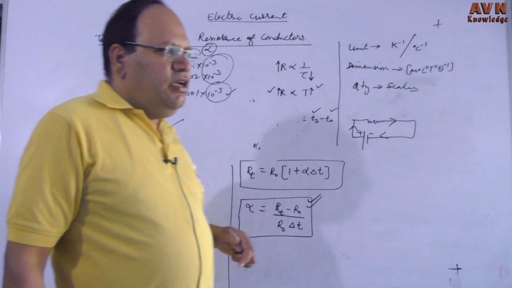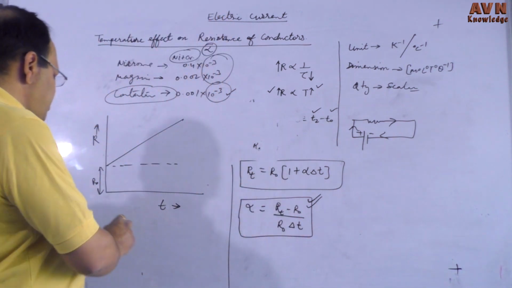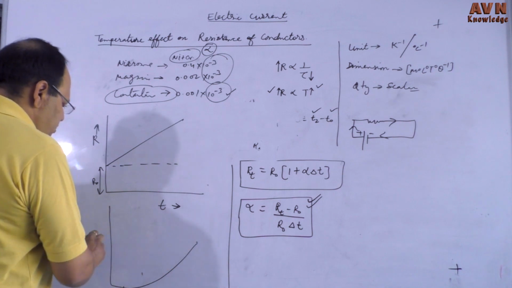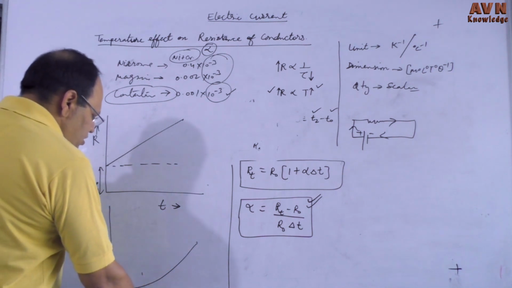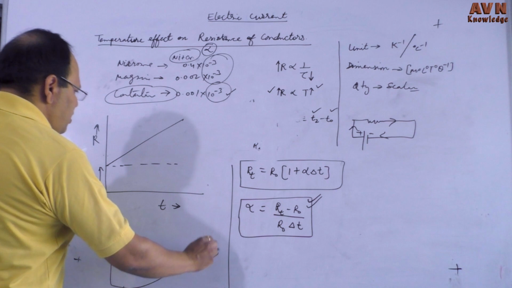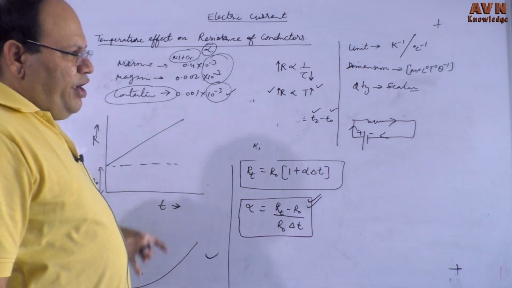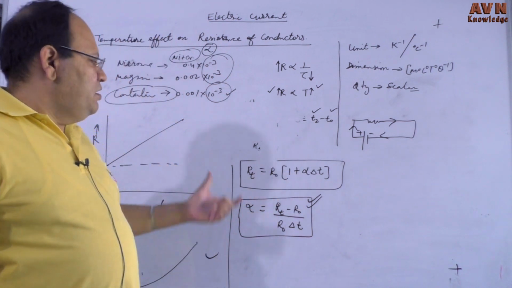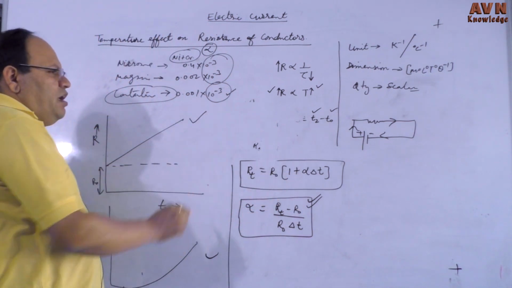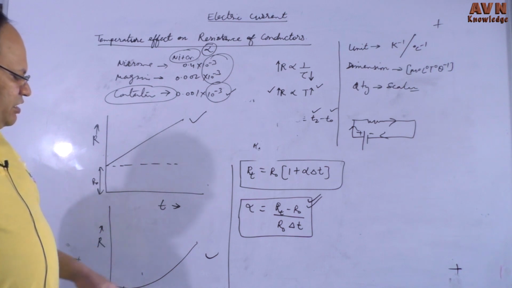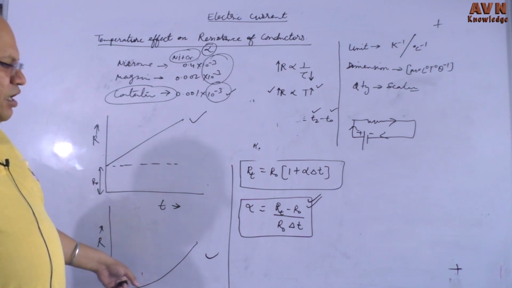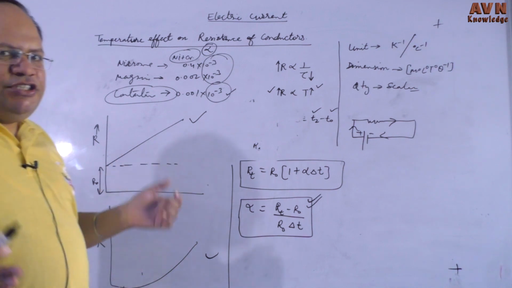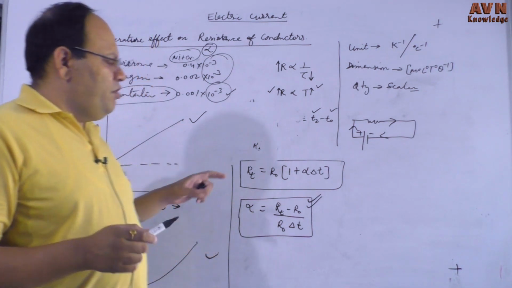This graph is generally taken at high temperature. At very low temperature, the graph follows like this, R_T versus T at low temperature. When you use y equals mx plus c, you consider this graph at high temperature. This portion is at low temperature, so the tangent will be very small at low temperature. When the temperature is increased, the graph follows this.